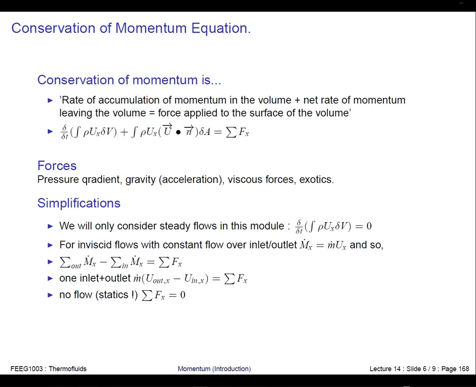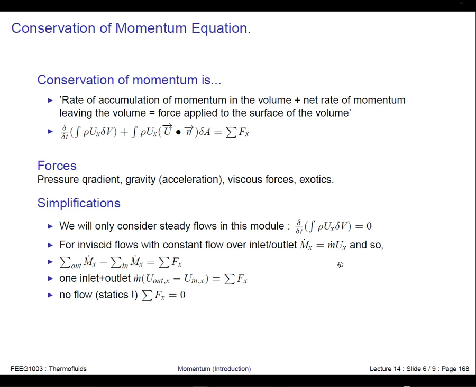If the velocity going into a control volume surface is constant, we can make a simplification to our momentum. So our momentum at a particular point is effectively rho times the velocity squared times the area, and it's often much easier to talk about it in terms of a mass flow multiplied by the velocity at that particular point.